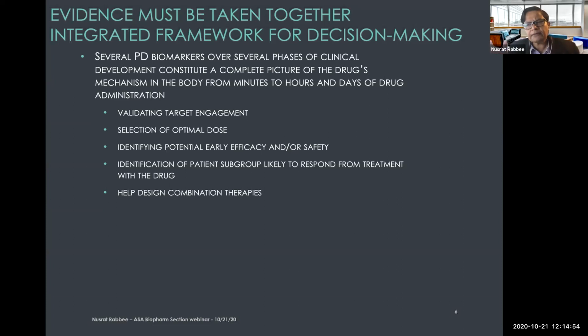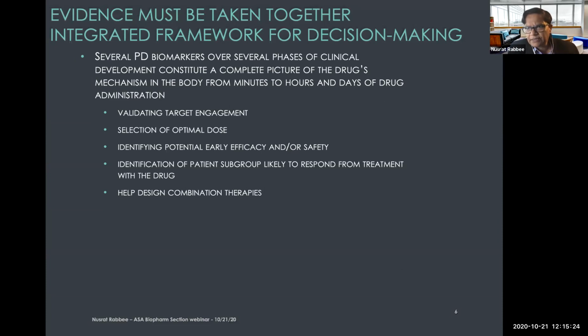As we get more and more data, we have more information. Also, there are a number of biomarkers, and each biomarker will provide some information about either the disease or the drug. Now it's very common to have several pharmacodynamic biomarkers over several phases of clinical development, and they constitute a complete picture of the drug's mechanism.